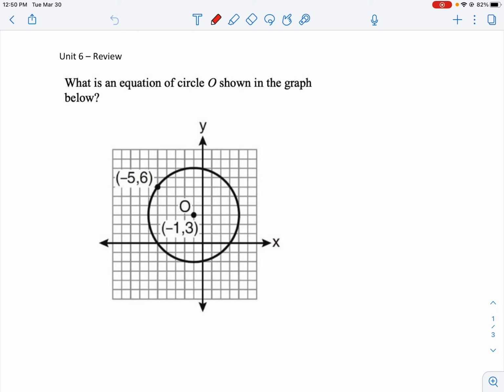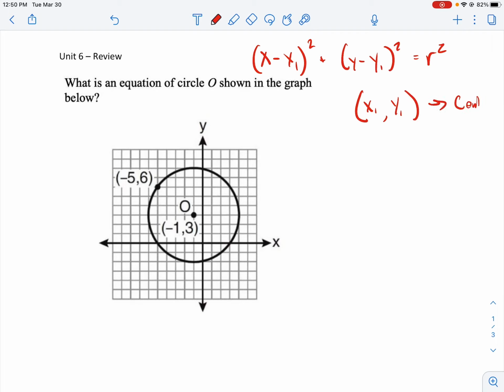Now, remember the equation of a circle looks something like this, where x1 and y1 is your center point, and r is your radius.